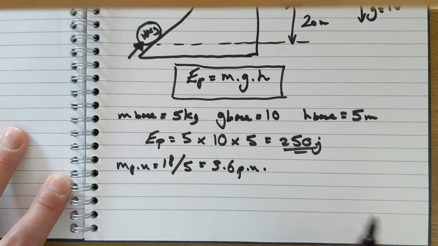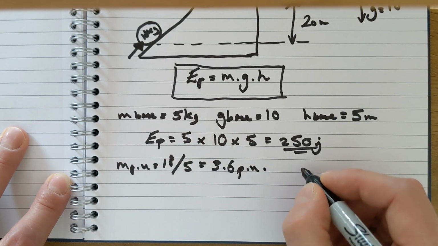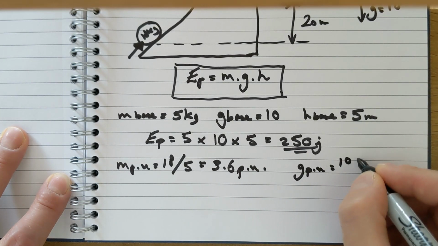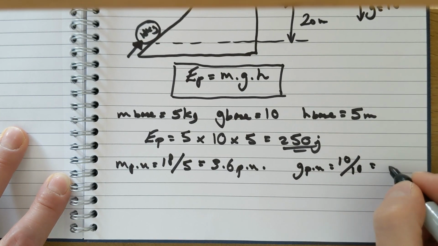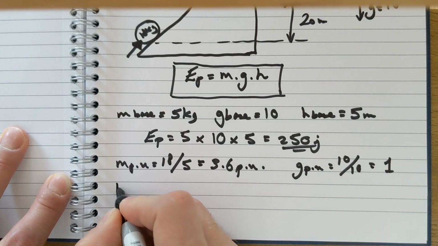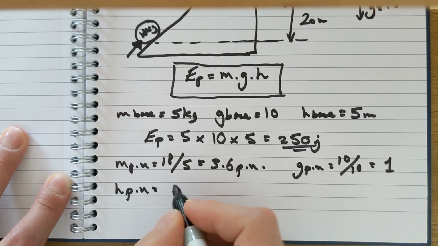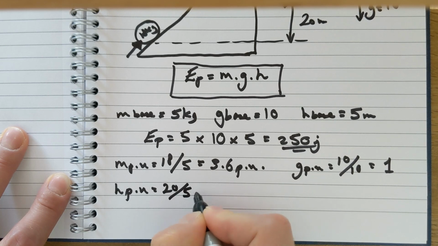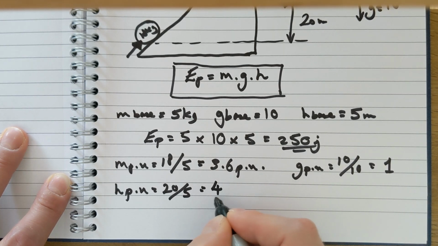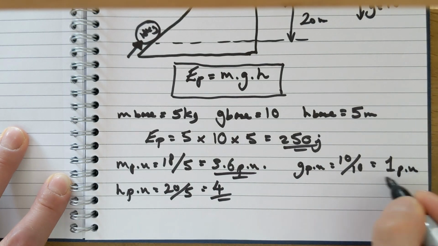That's the only condition. And then our gravity in per unit is relatively trivial because the value is 10 and our base is 10, so that's just going to be 1. And our height in per unit is 20 divided by 5, which equals 4. So that's our height, mass and gravity in per unit.